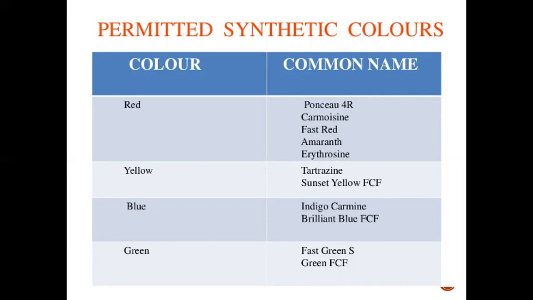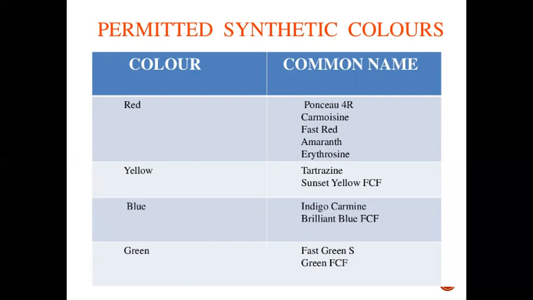Now, what are the different permitted synthetic colors? For red: ponceau, carmoisine, fast red, amaranth, erythrosine. All these are the common names for the synthetic colors which give the red color. Then yellow is given by tartrazine and sunset yellow. Blue is given by indigo carmine.